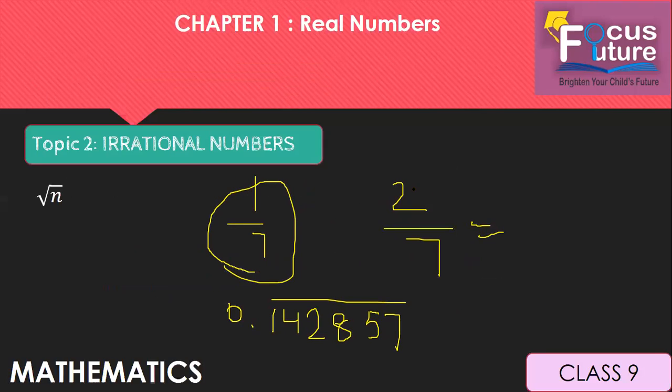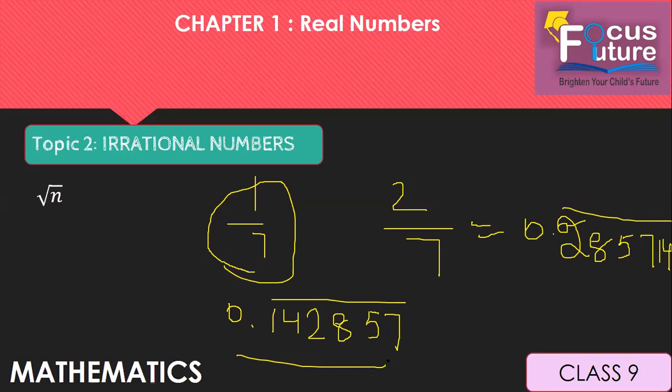And when I divide 2 by 7, I would get 0.285714, and this is also non-terminating. So write any decimal number lying between these two numbers.